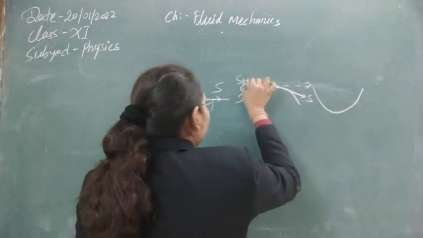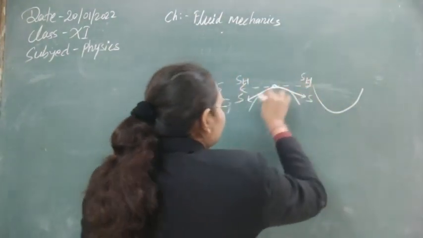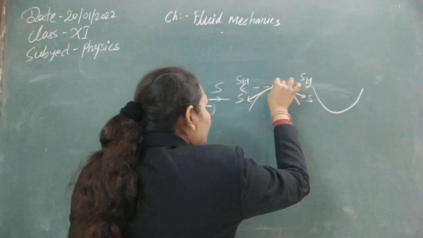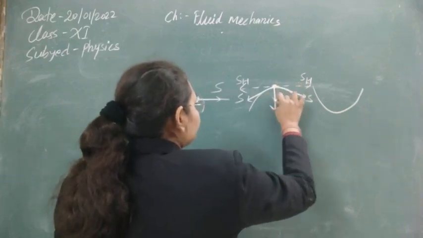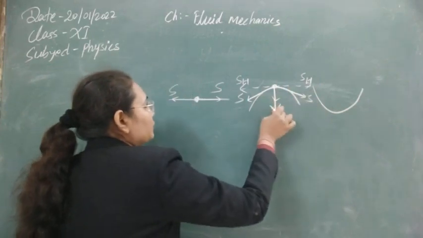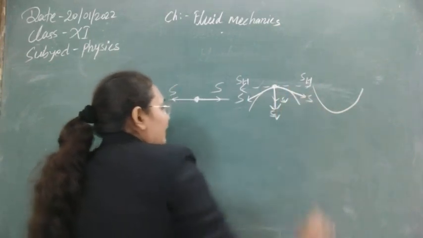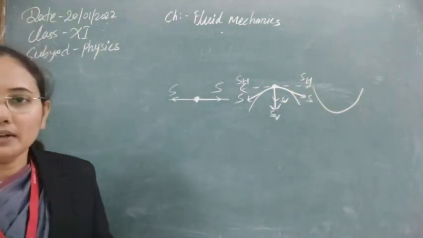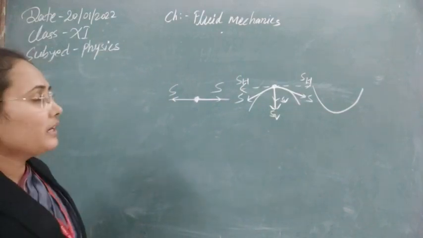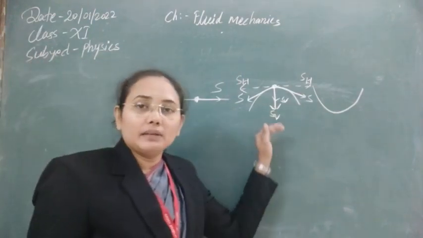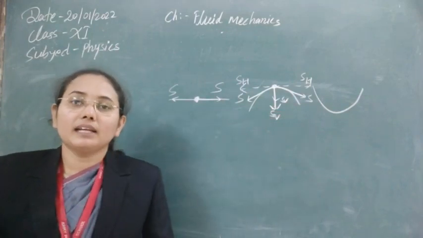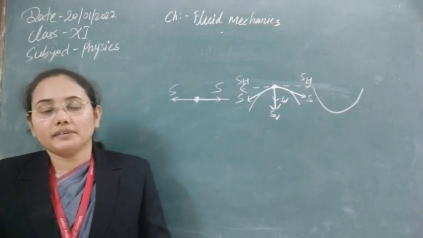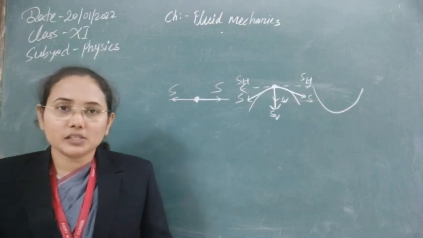The horizontal components cancel out, but the vertical component of the surface tension acts in the downward direction for both of them. So a net downward force will act here, and in opposition to that there will be an upward force, and that will create pressure on the liquid surface. This is known as excess pressure.